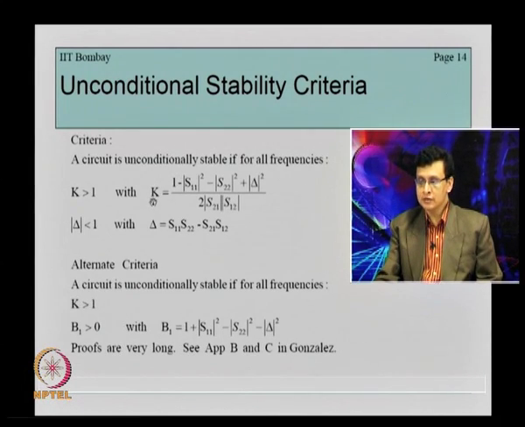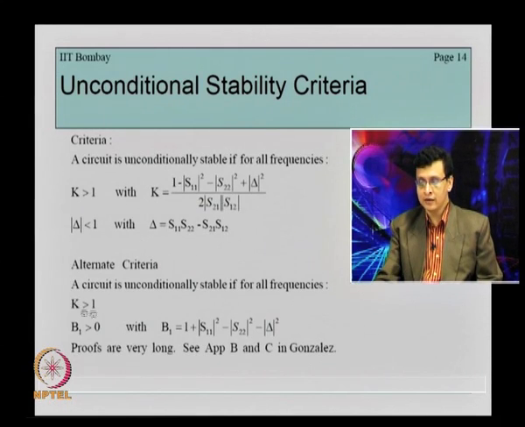If you compute this value of K from this equation and the value of delta from this equation, then if K is greater than 1 and the modulus of delta is lesser than 1, then the circuit will be unconditionally stable. So you are, say, given the S parameters of a circuit, you simply evaluate K and delta and check whether K is greater than 1 and delta modulus is lesser than 1, then straight away you can say that the circuit is unconditionally stable.